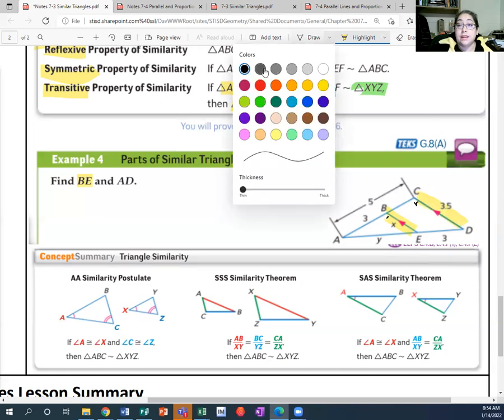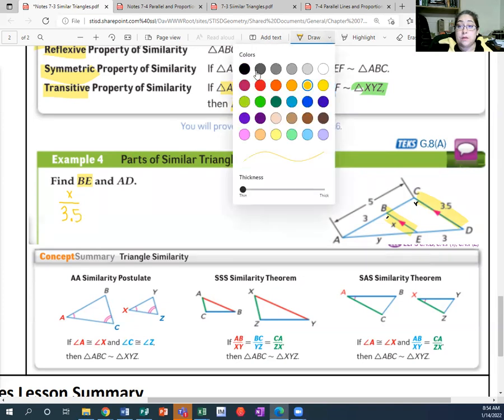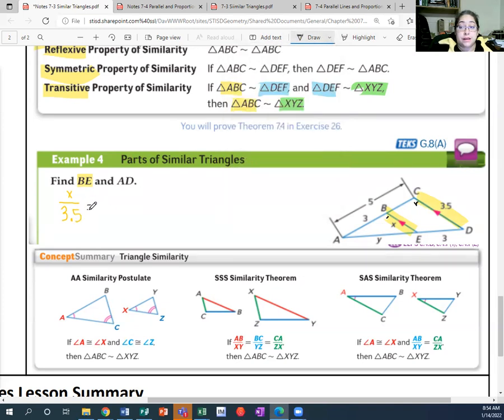All right, so I can write that in a proportion. So I've got the small triangle divided by the corresponding side in the big triangle. All right, there's one fraction. I'm writing it as a proportion, so I need to write it equal to.